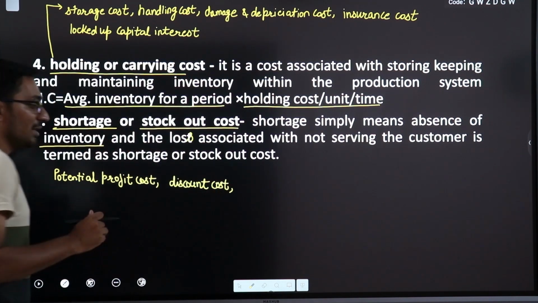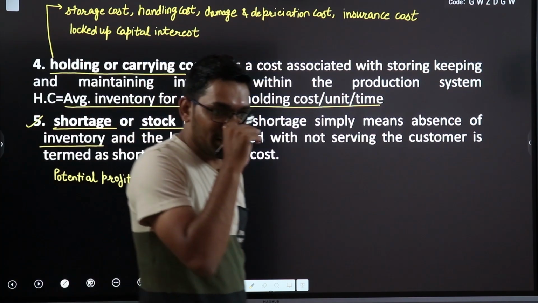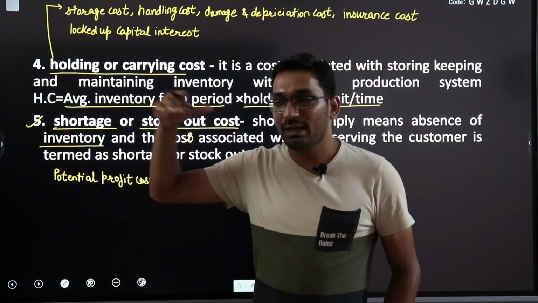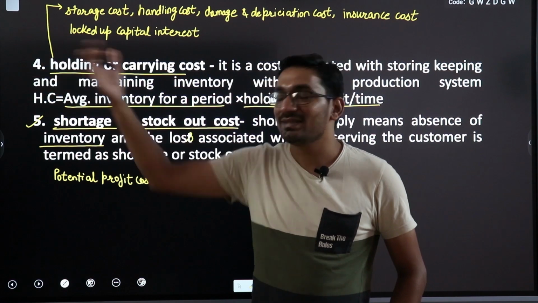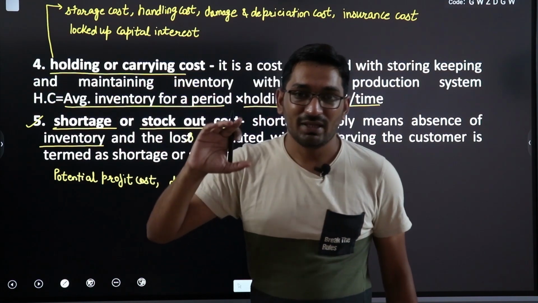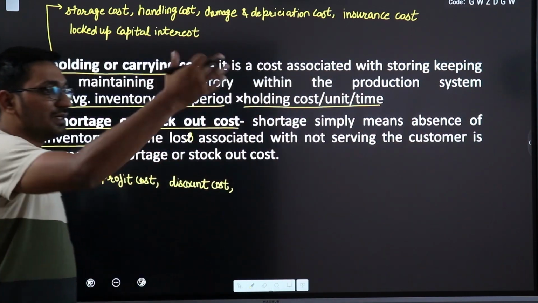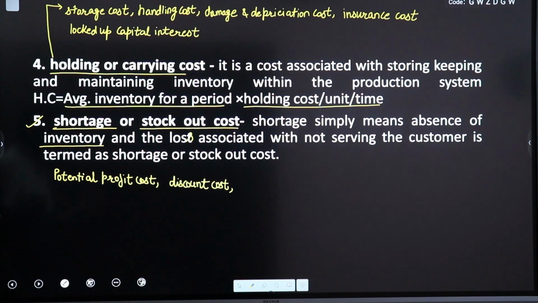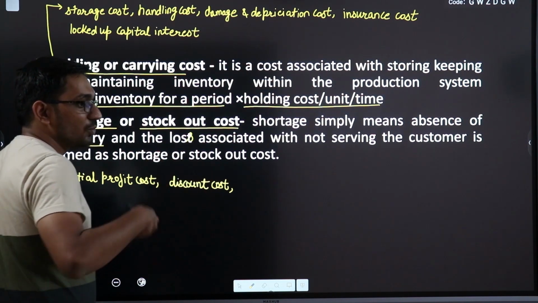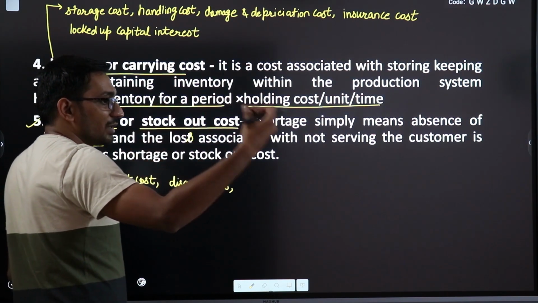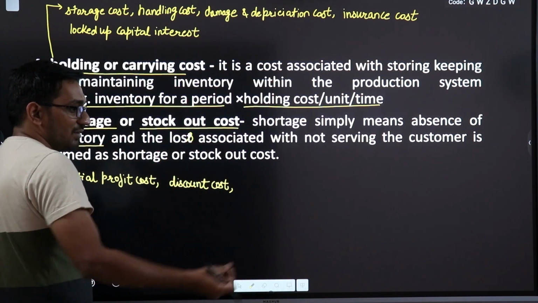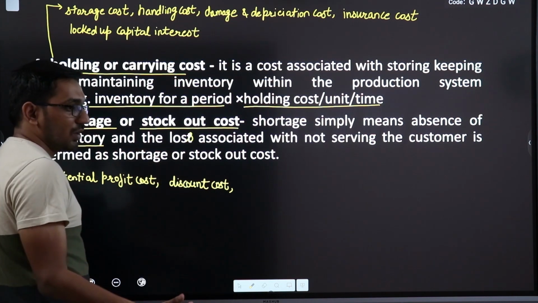Now suppose you don't have an inventory, but demand is there, so you immediately place an order to the other fellow and tell him to please send the material as soon as possible with the fastest mode available. To bring that material from one industry to your industry, you need the product urgently, so you have to make the transportation faster. Then you have to bear that cost also.